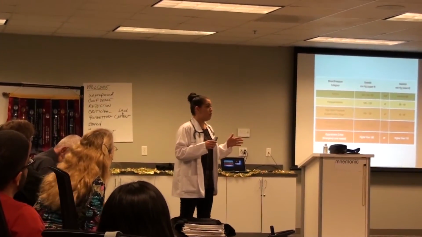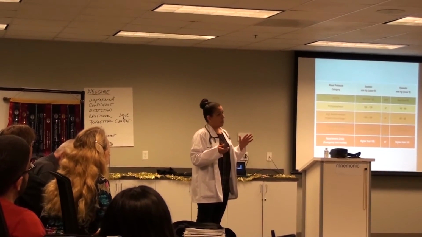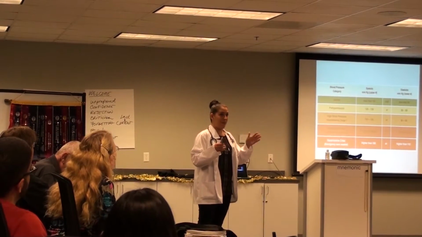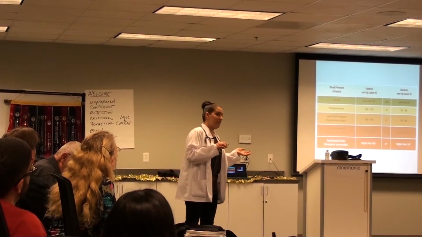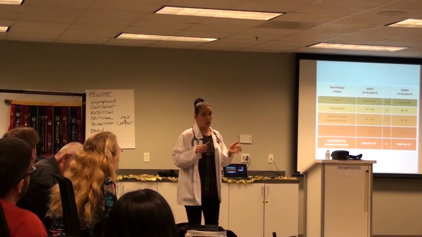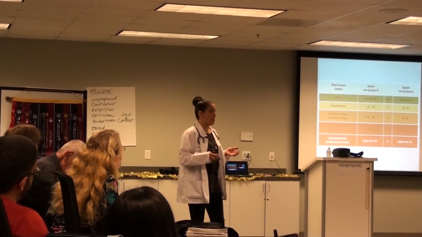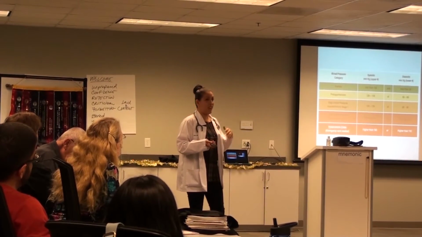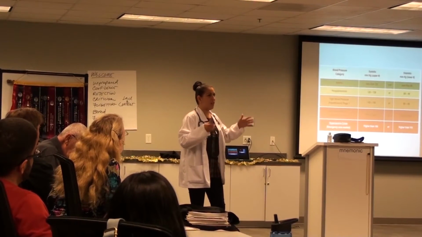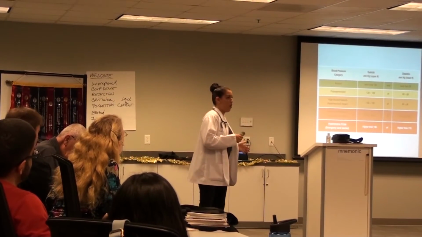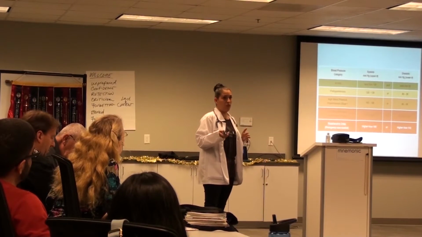A blood pressure of 120/90, sometimes that's a little pre-hypertensive, or that can be normal. Again, it all depends on the history of the patient and what that doctor goes according to his guidelines. Every doctor has their own protocol on what they think is normal and what's not normal.